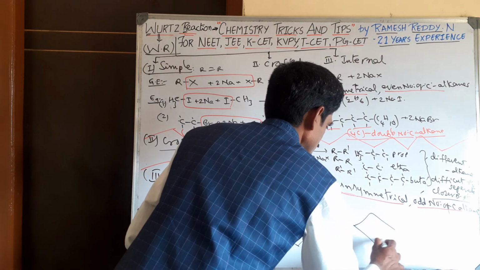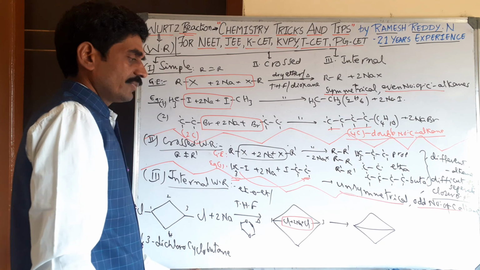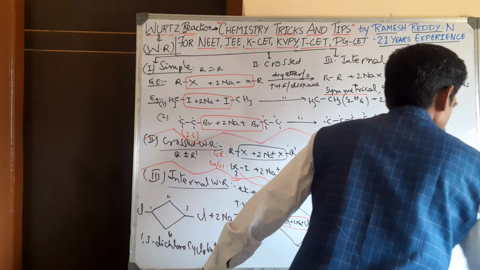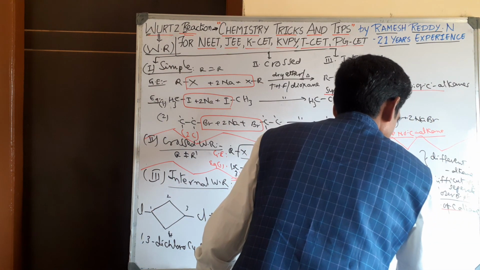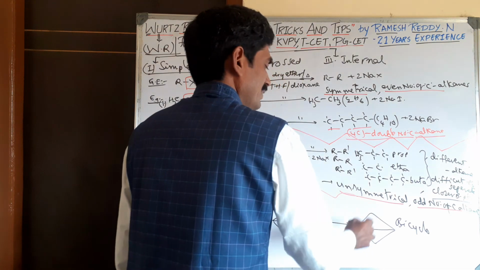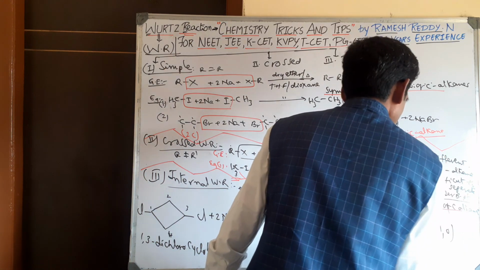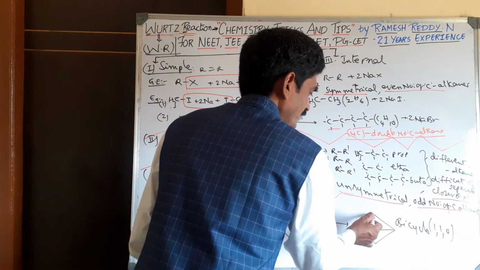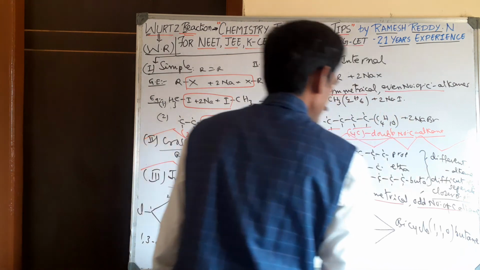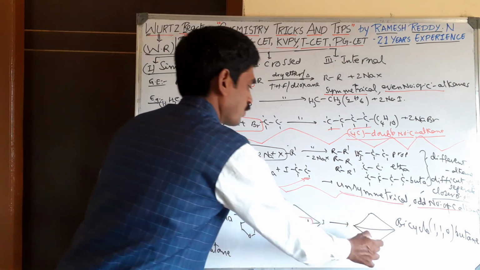We get a bicyclo compound: bicyclo[1.1.0]butane, with 1, 1, 0 bridges. This is the product we get.